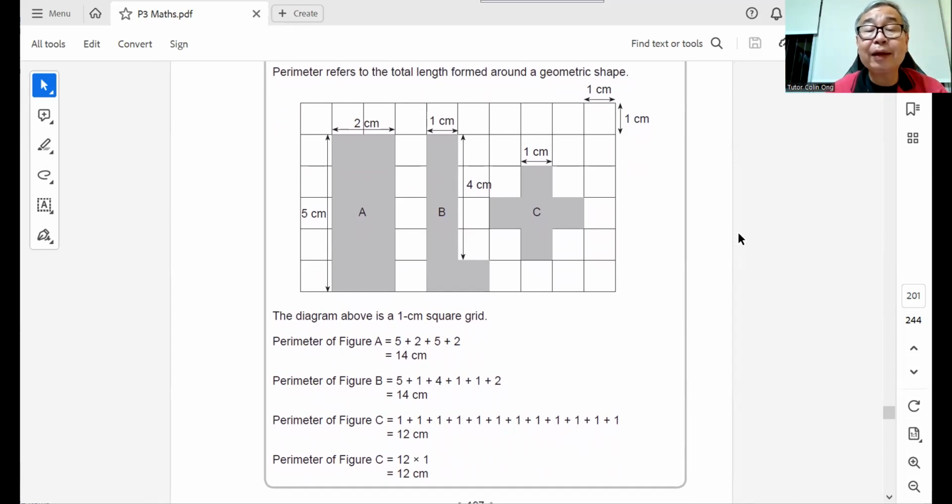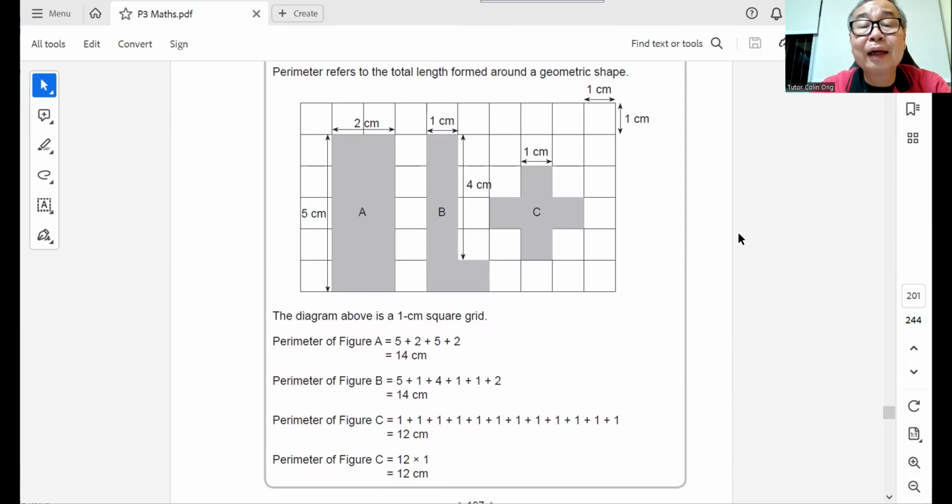So for A, if you follow the way I say, top and clockwise, it would be 2 cm, which is the upper part. From 2 cm, you go down and count 1, 2, 3, 4, 5.